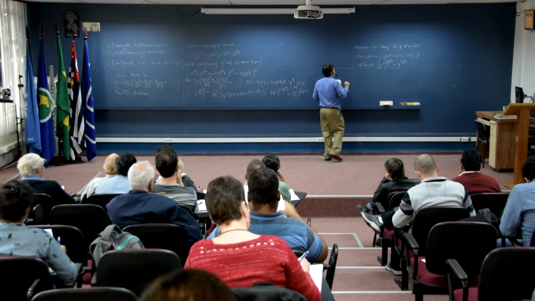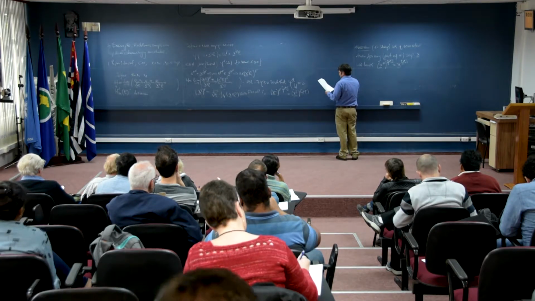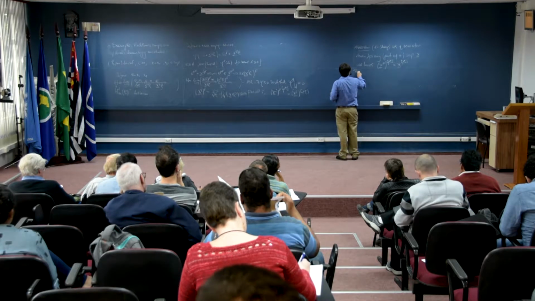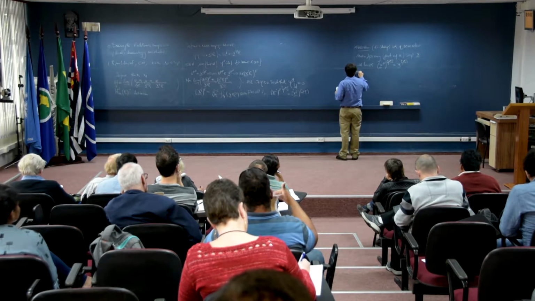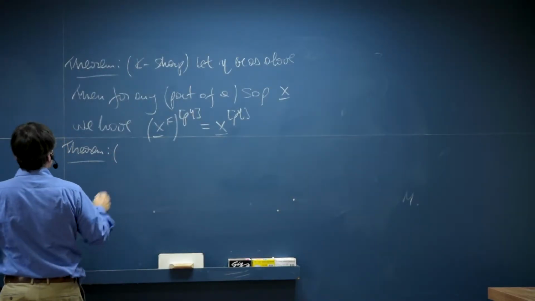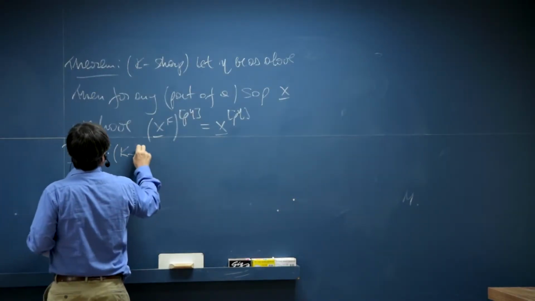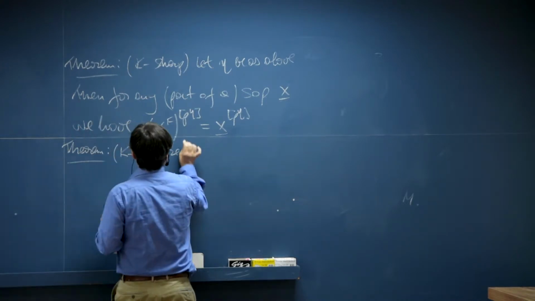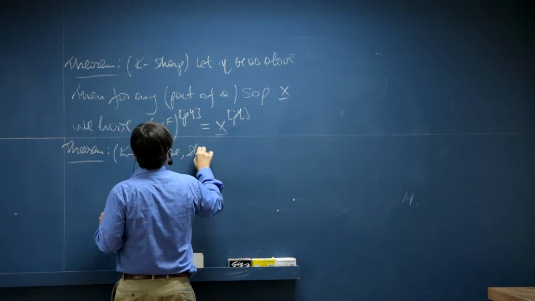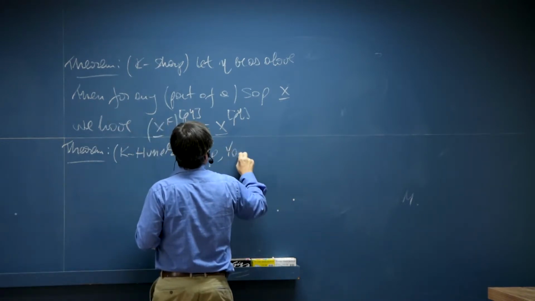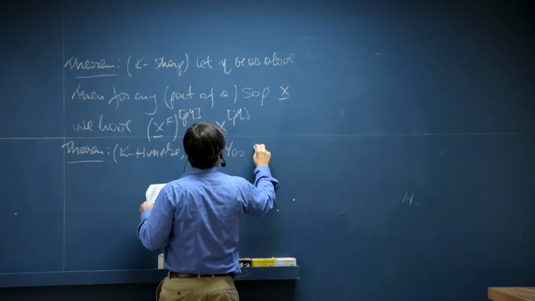You can do better than this, and this is really what I was striving to show you. So shortly after that, we improved this, but now it required quite an effort. So myself and Craig Huneke and Rodney Sharp and Yongwei Yao, and this was in 2006.